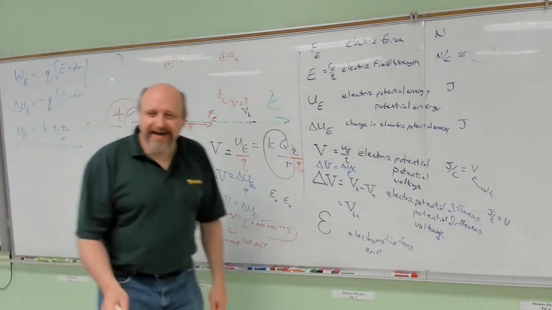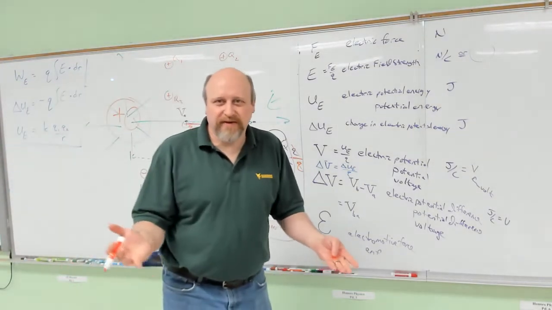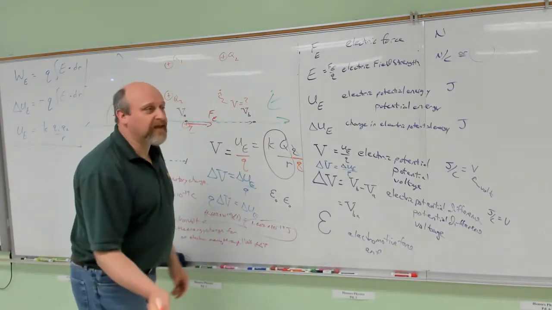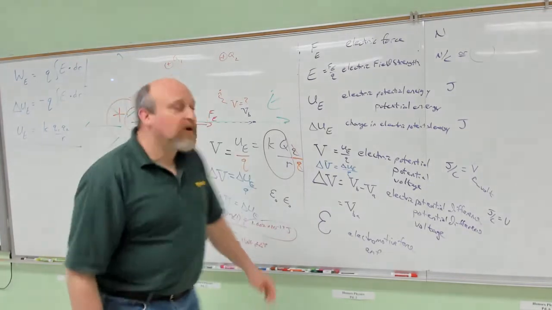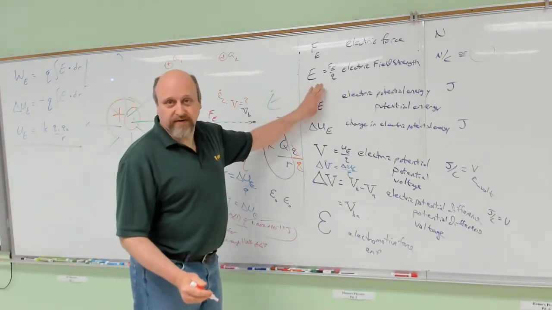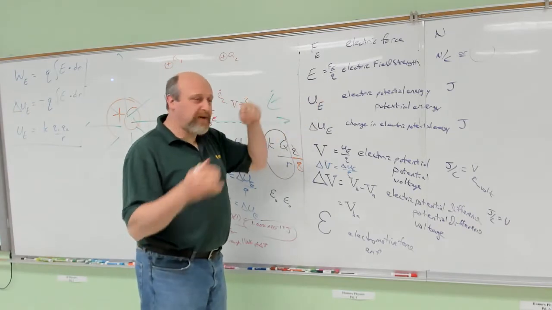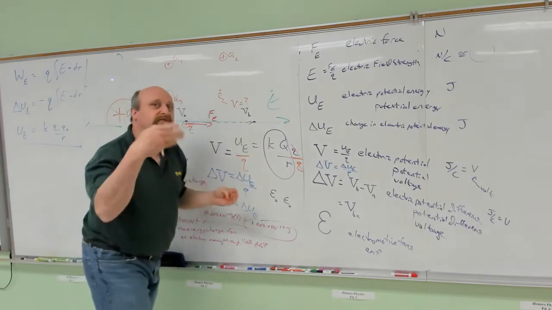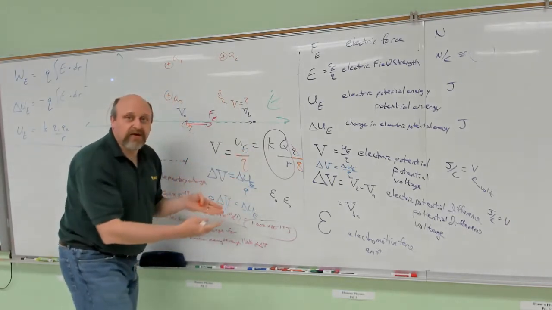You say, oh man, this is going to be like when we found the E field and added up all the KQ over R squareds. It's easier. With the E field, big E is a vector. It's got a direction to it, and so I had to break into components. But this is just energy per charge, not force per charge. It's not a vector.